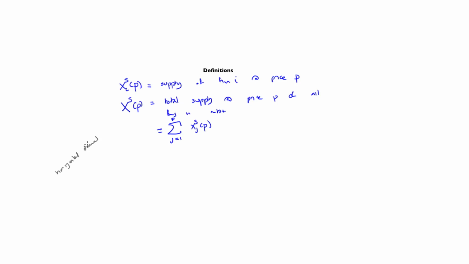And I'm going to go quickly through it since it's very similar to before. So if we have, let's say, one firm, the supply function for firm 1 is like this.